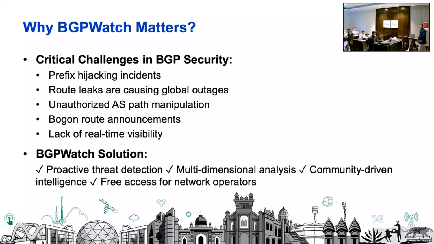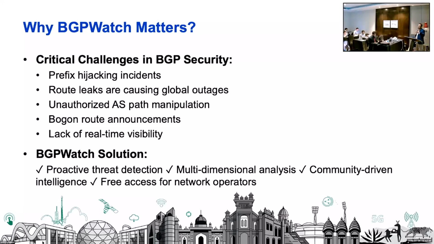Another challenge is route leaks. Route leaks are causing global incidents. Sometimes a small ISP announces a route that it is not supposed to announce. Suppose you have several upstream networks.